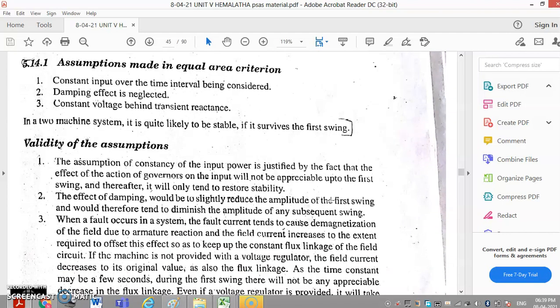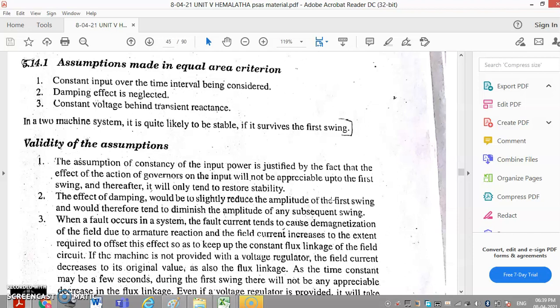So what is the validity of the assumptions? The assumption of constancy of the input power is justified by the fact that the action of governors on the input will not be appreciable up to the first swing. When the fault occurs, the first swing is immediate, and thereafter the governor action will only tend to restore stability.